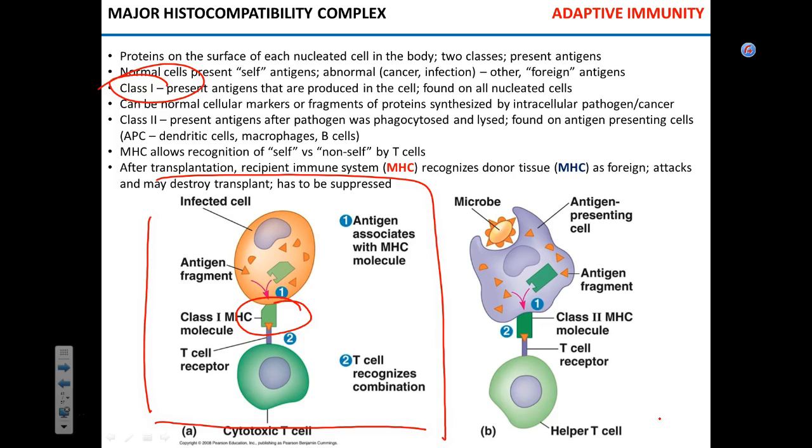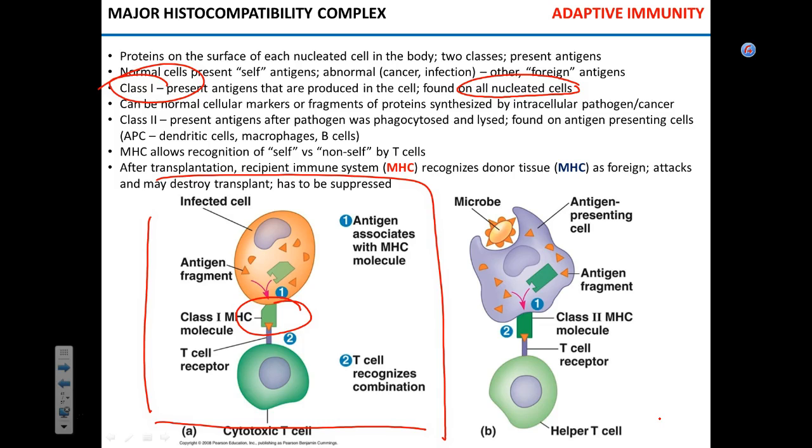Class 1 MHC is present on all nucleated cells in the human body. Which means, which cells do not have MHC1? Red blood cells, and if you consider themselves, platelets. Some people say cells, platelets, not cells.